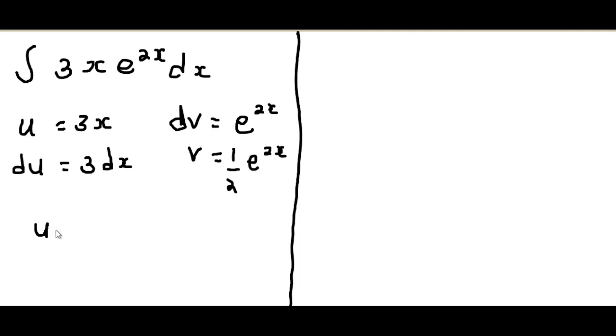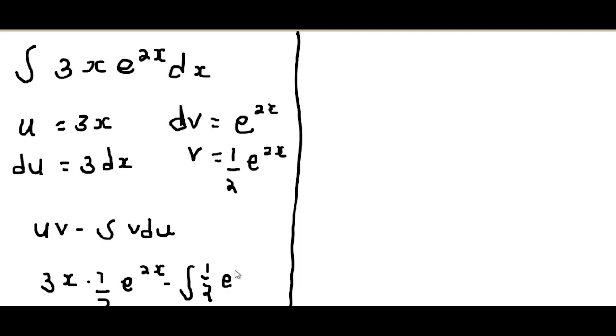So it will be uv minus the integral of v du, whereby our u is 3x, our v is a half e^(2x), subtract the integral of a half e^(2x), du is 3 dx.